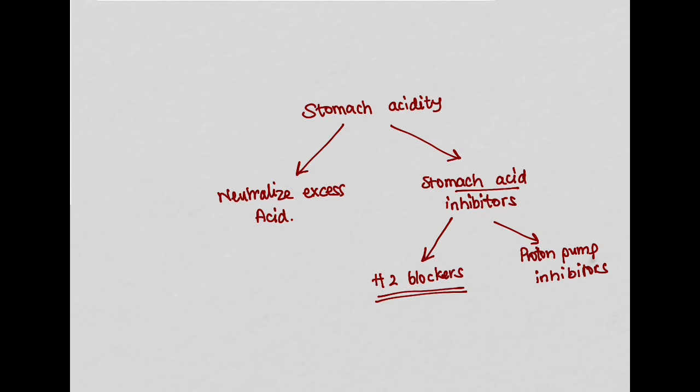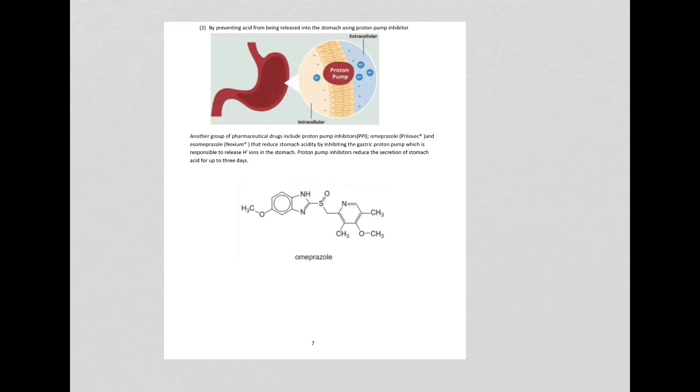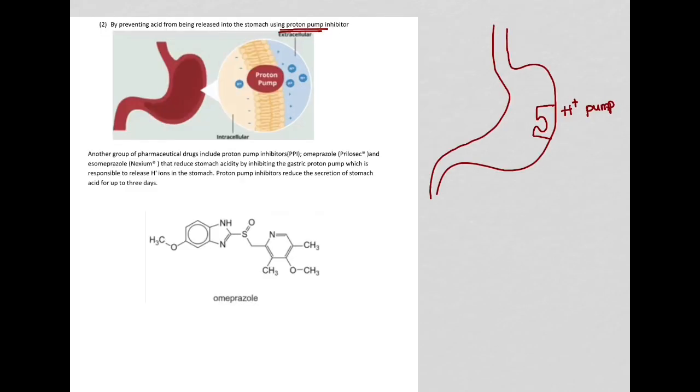Now let's see proton pump inhibitors. Now in the stomach, there is a proton pump. So a proton pump is going to secrete protons into the stomach. So it's going to release H+. So if we have to draw it, in the wall of the stomach, you have the proton pump.